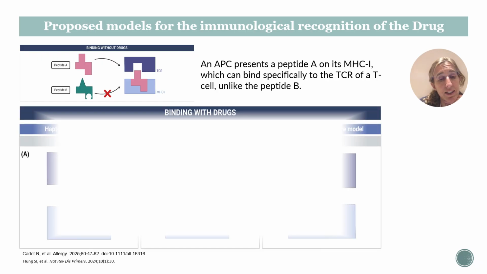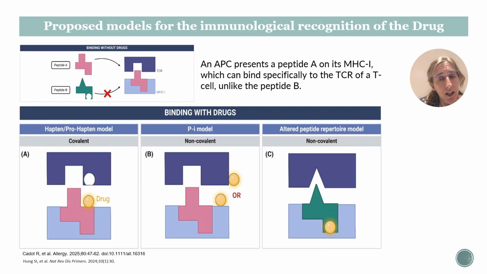So when a drug is added, we face three possible models based on this interaction, depending on the type of the drug. We have the hapten-prohapten model, in which the drug binds to the endogenous peptide. This is peptide A from the previous, and they go together, they add together to the TCR.